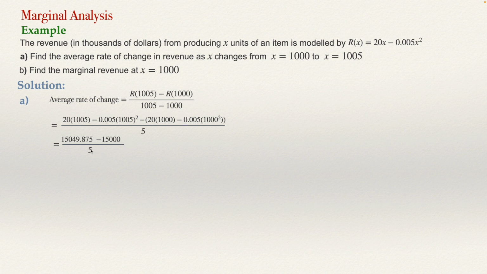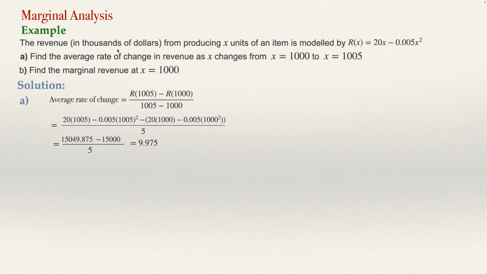Everything divided by 5. Use your calculator for doing this. 15,049.875 minus 15,000 will be 49.875, and then divided by 5, I get 9.975. So this is the average rate of change of the revenue.